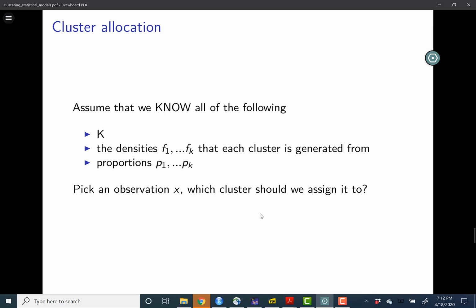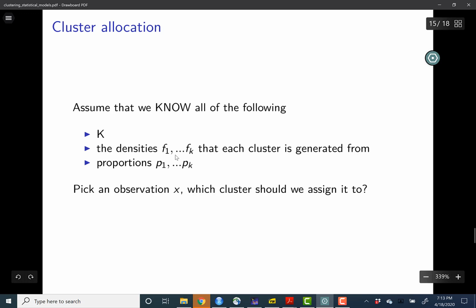Now, cluster allocation. How do we use this to actually allocate an observation X to some cluster? For now, assume we know k, the total number of clusters. I think this should have been a small k. We know all of these densities. In our example, we know that the first density is a normal distribution with mean -5 and variance 1.